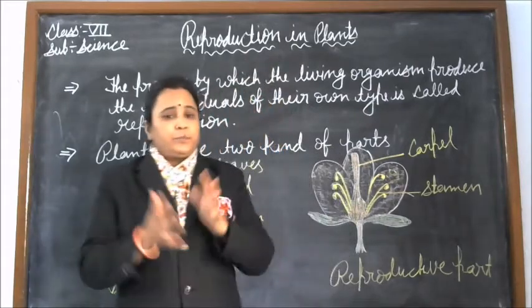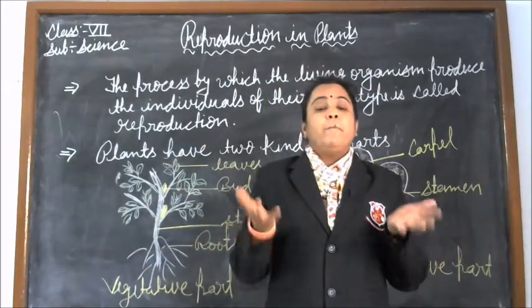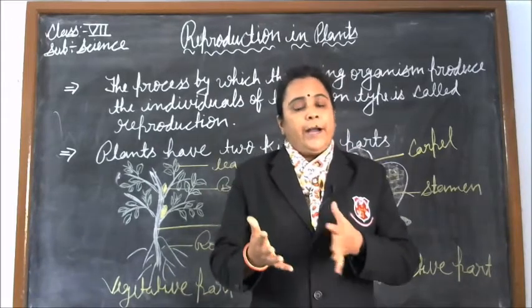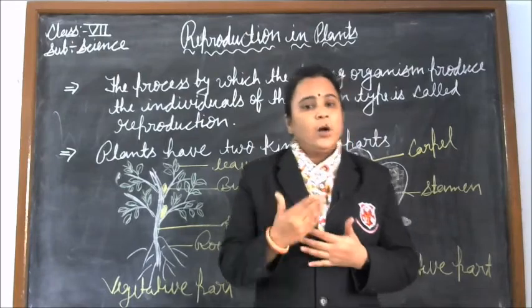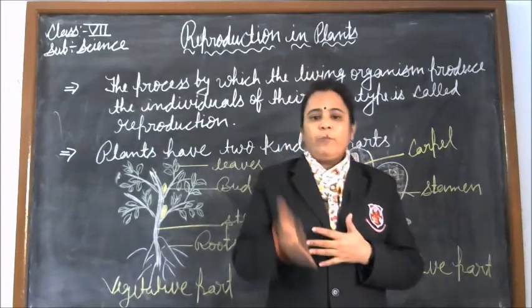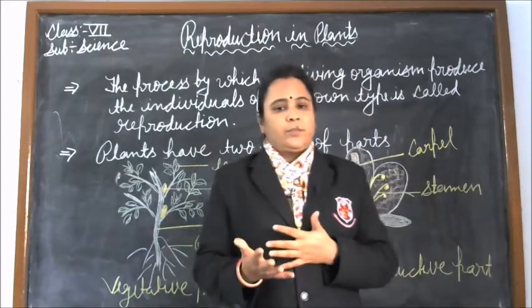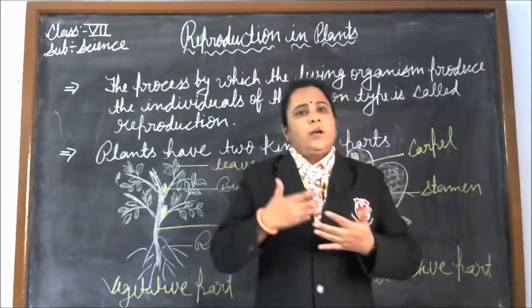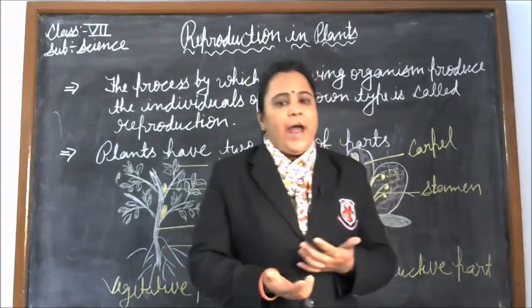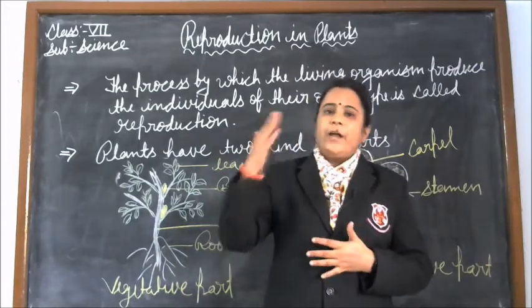Student, for example, human beings reproduce by giving birth to babies, and these babies grow and ultimately become adults. When their old parents die, their sons and daughters reproduce by giving birth to more babies, and this life process goes on and on.